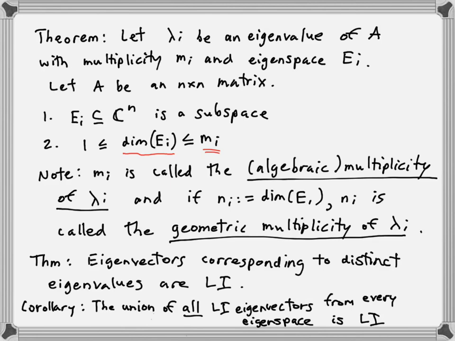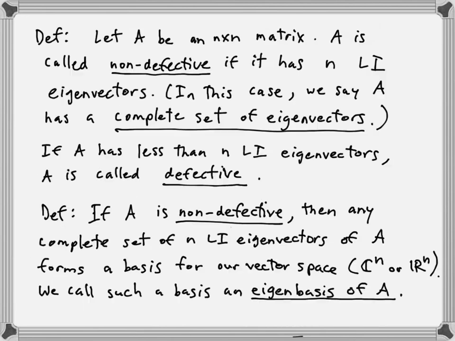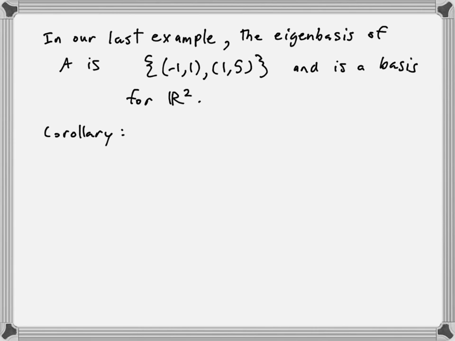You're guaranteed for that not to be the case if mi is 1, because then you must have one eigenvector for every eigenvalue, since 1 is the minimum. So if the multiplicity of every eigenvalue is 1, you know you're going to have a complete set.